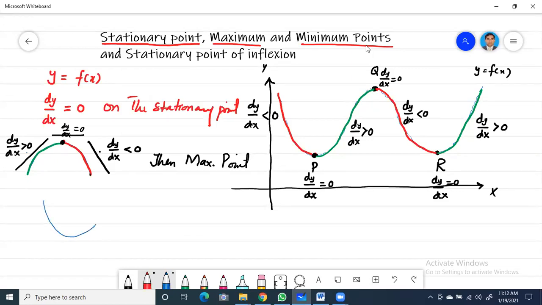One more curve I'm showing here. Before the turning point, I'm representing with the red color, and after the turning point with the green color. This is the turning point.